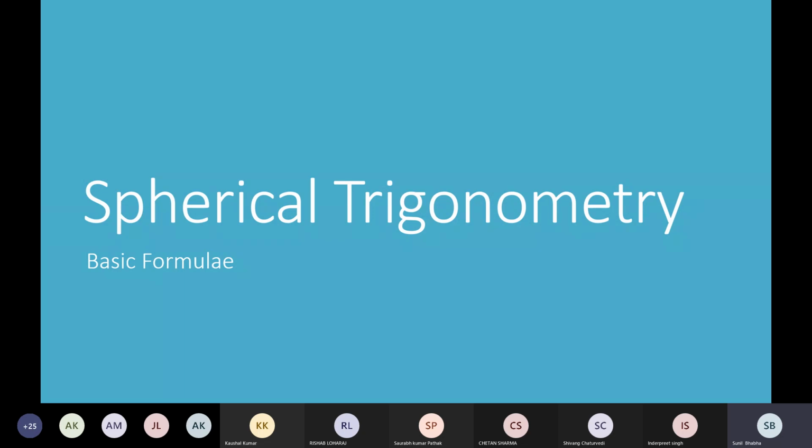The first one is the cosine formula, and the second one is Napier's rules. So this is what we are going to see in the basics of spherical trigonometry. Once we are clear about these basic concepts, it will be very easy for us to understand the working and solving of a great circle problem.